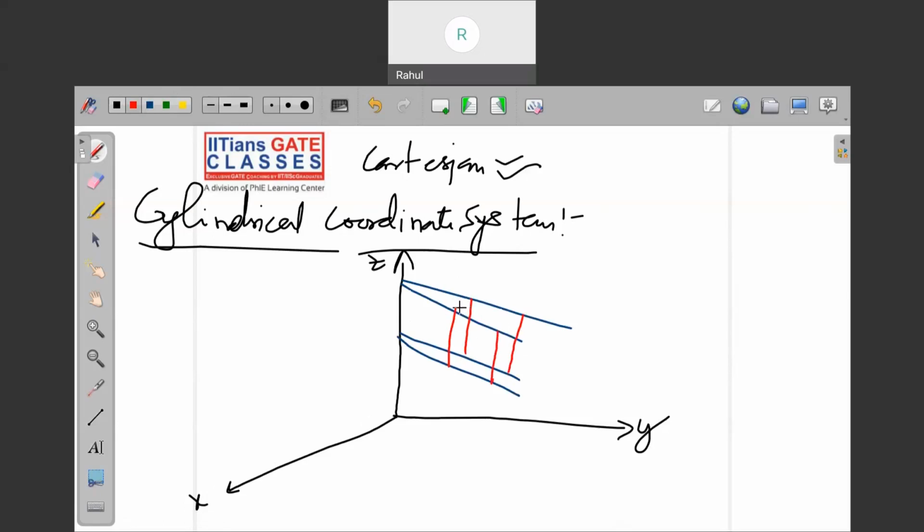That cube is here, and this is phi. So this is our complete cube, which is hanging like this.